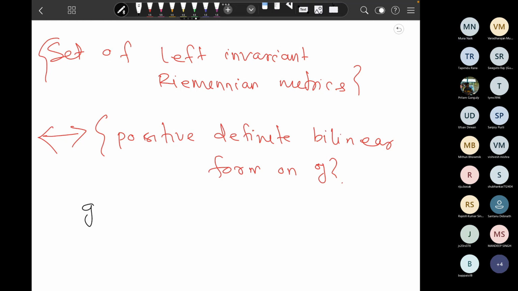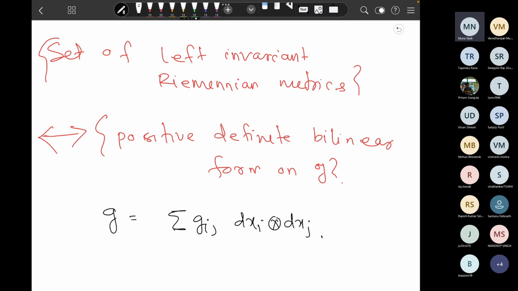And what is the Riemannian measure? If you take this g_ij dx_i tensor dx_j, I am talking about a coordinate chart for a moment.